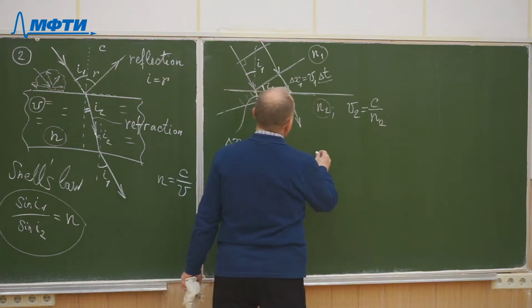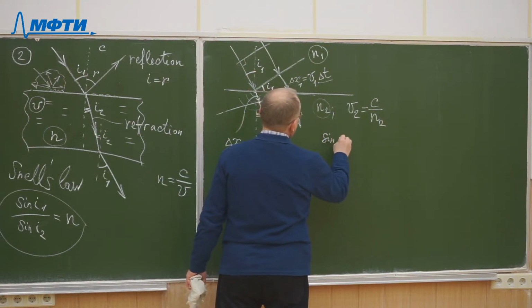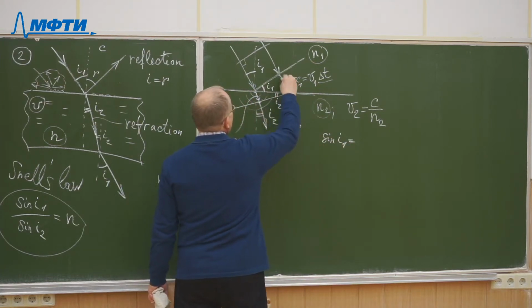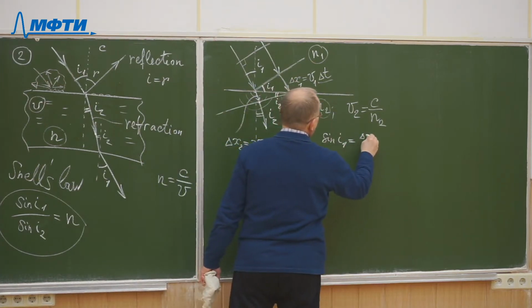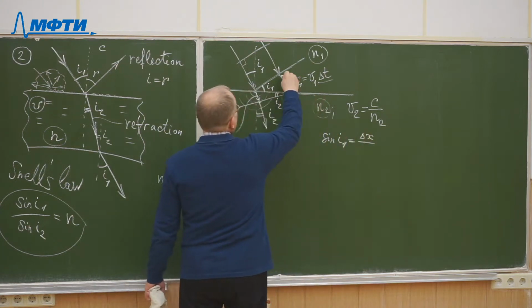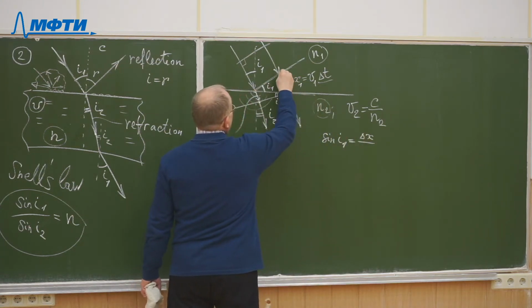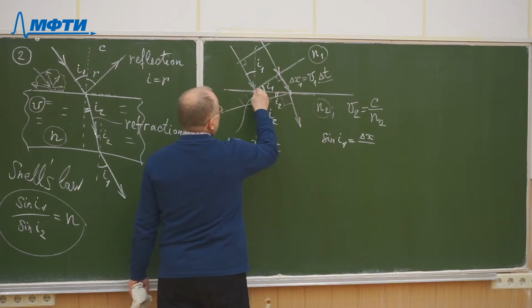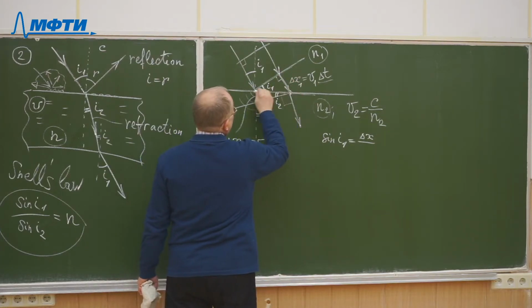And if we consider the sine of I1, then the sine of I1 will be delta x1, by definition of sine, the opposite leg in the right triangle. This is the right angle. The opposite leg must be divided by this hypotenuse, which I will denote by A, for example.